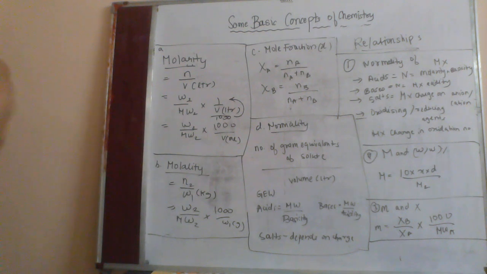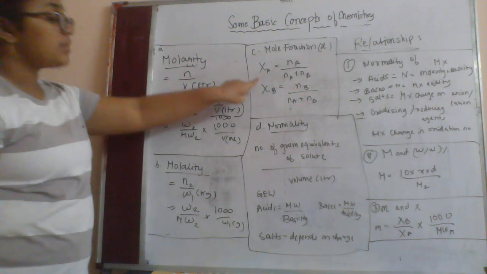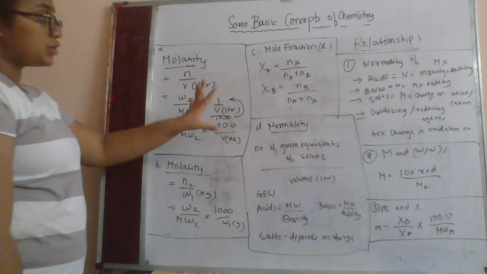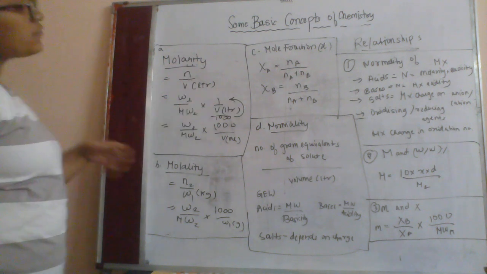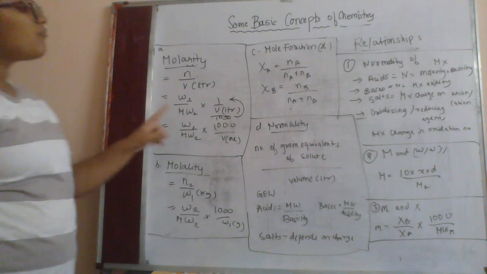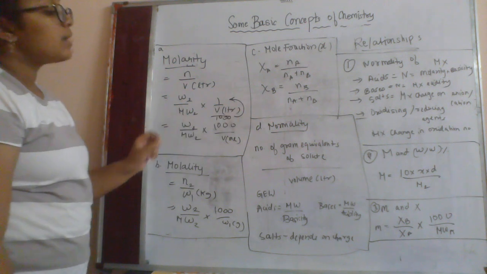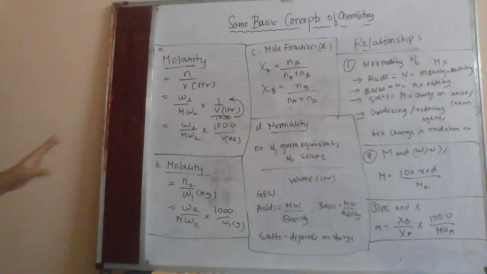First is solvent, after that it's solute. So mole fraction of solvent is equal to the number of moles of solvent divided by the total moles of the solution, that is solvent plus solute. And the mole fraction of solute is the number of moles of solute divided by the total number of moles in the whole solution.